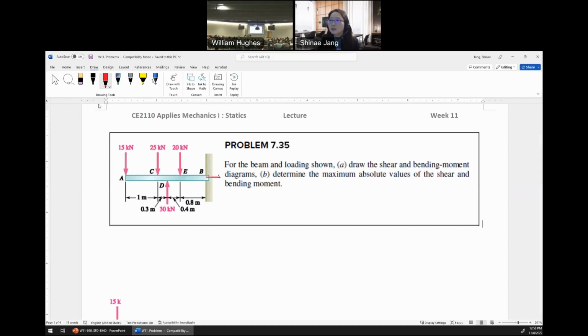So we should have Bx and then By and moment at B, so MB. So three reactions at the fixed joint. So I'll add step 1. And we'll solve three equilibrium equations to find those reactions at B.